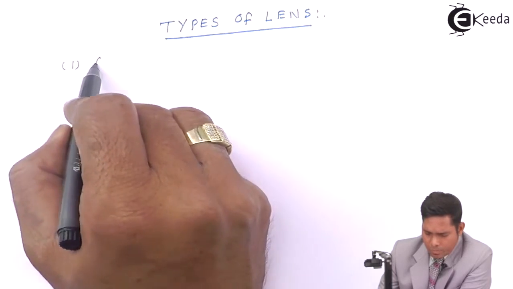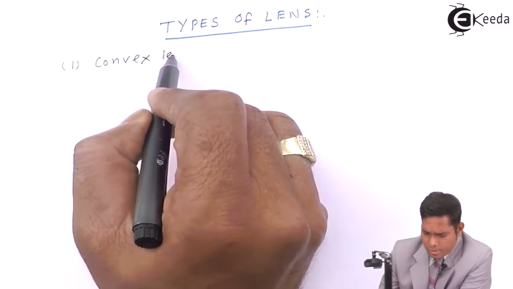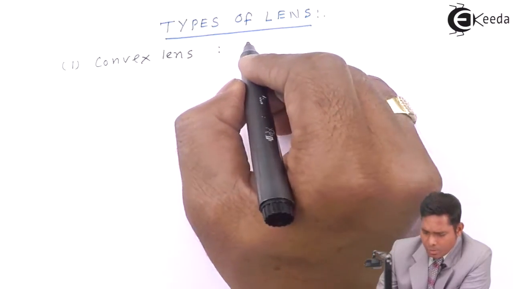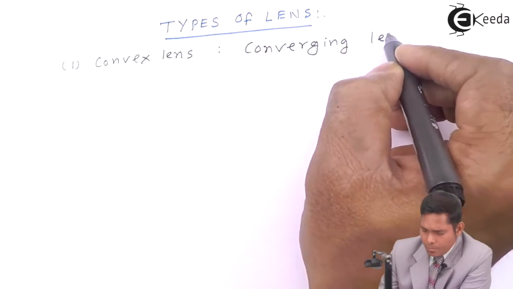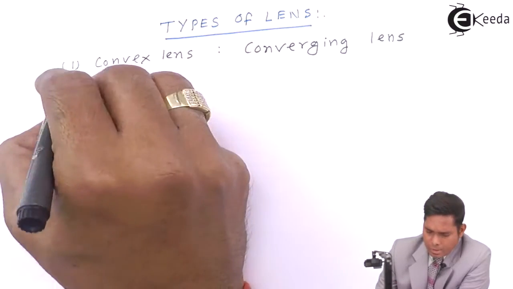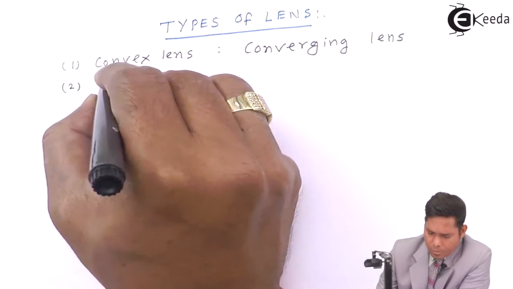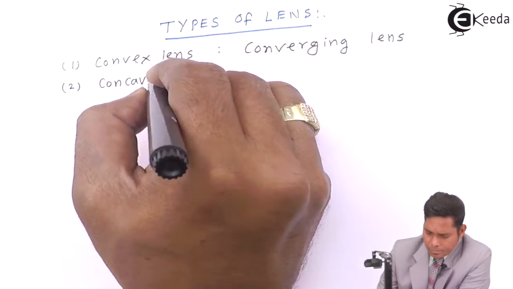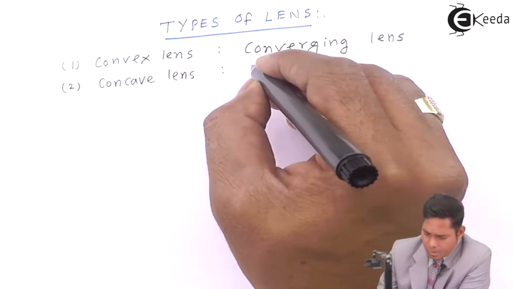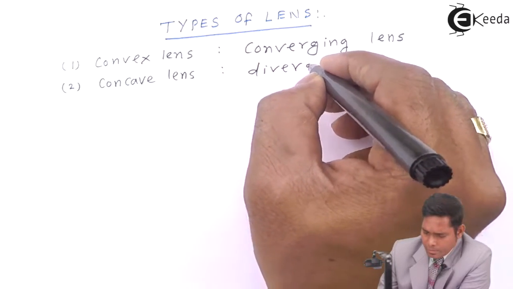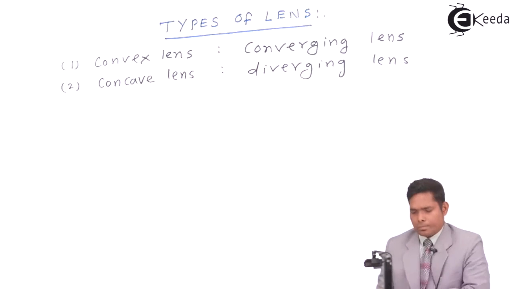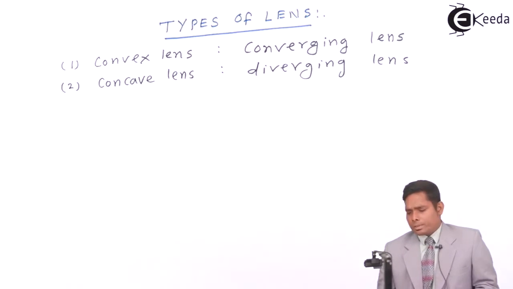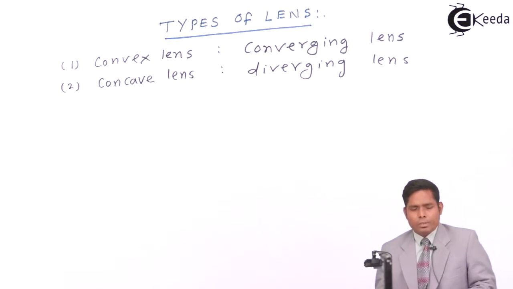One is the convex lens, sometimes called a converging lens. Another type is the concave lens, which is called a diverging lens. Under the concave or convex lens, we will have different categories that we will discuss.